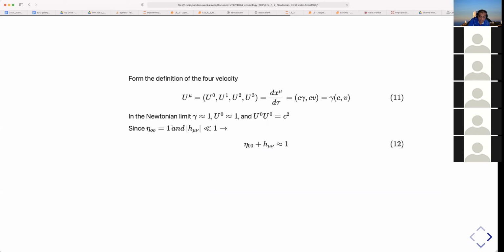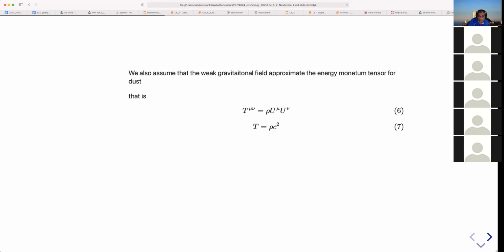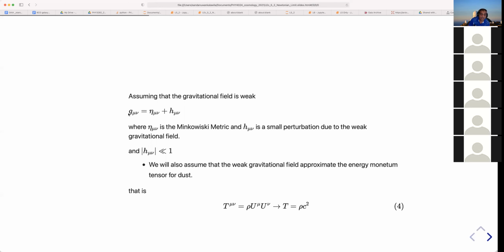it is written as G mu nu equals eta mu nu plus H mu nu. But now we know that we are only considering the 0, 0 term here. So G0, 0 will be equal to eta 0, 0 plus H 0, 0.